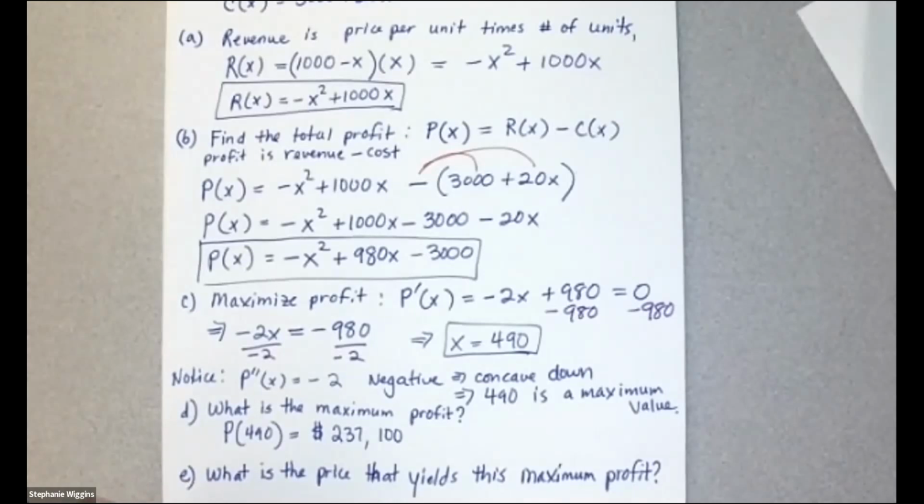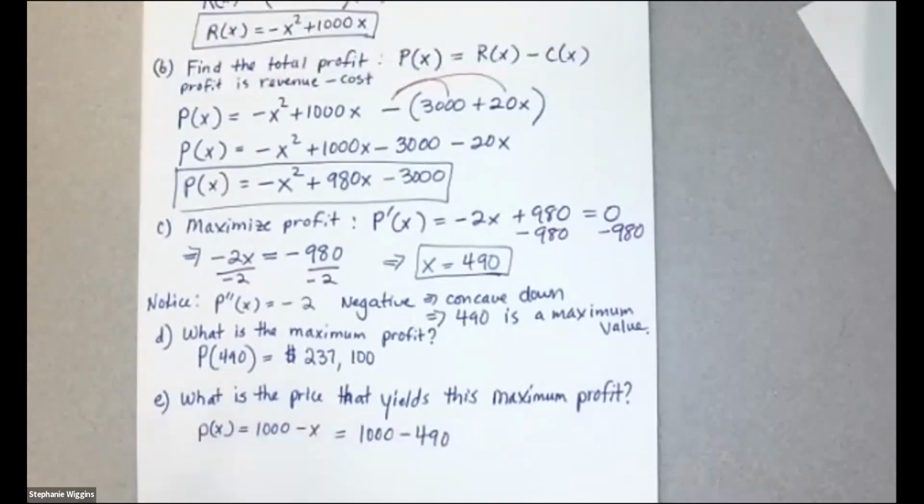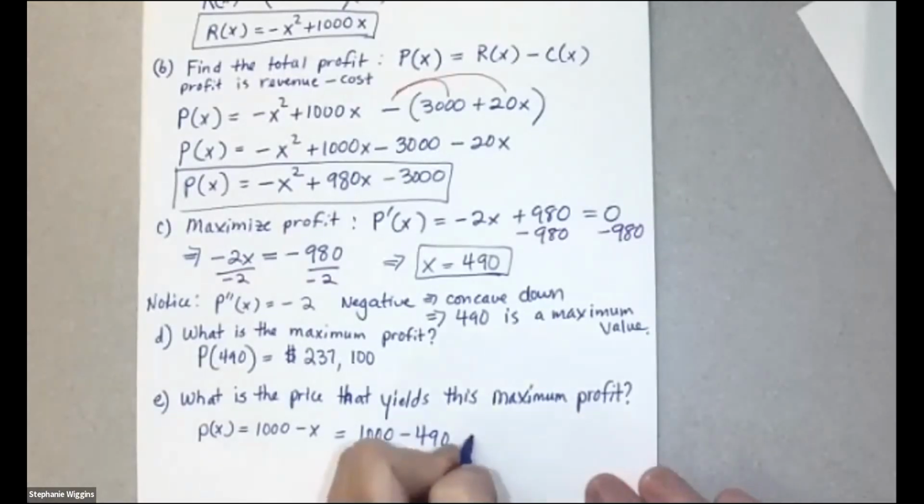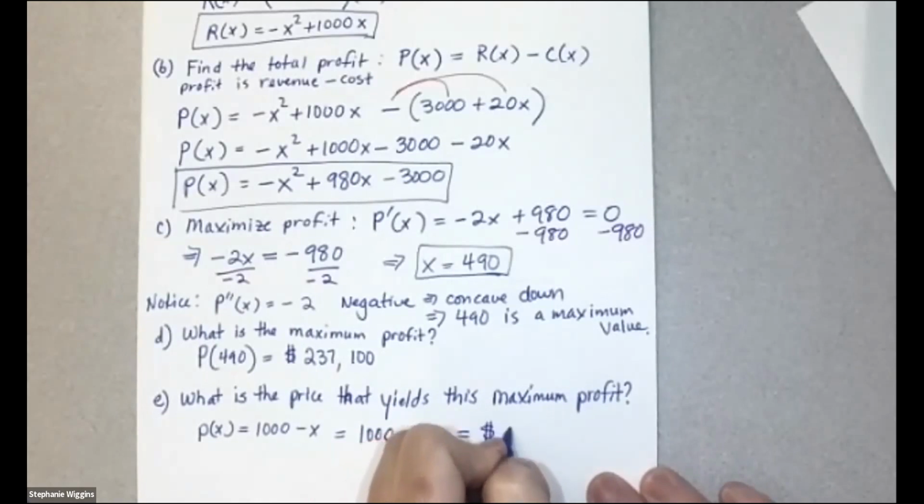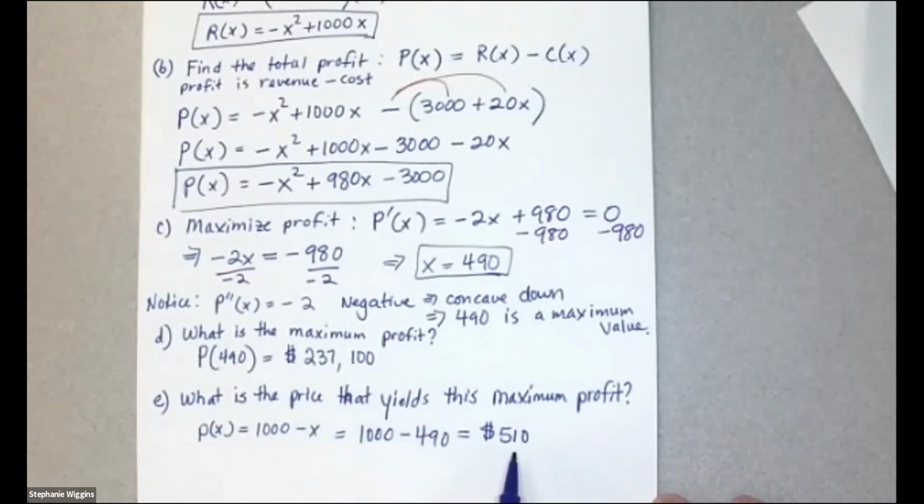So remember, little p is the price. 1,000 minus X. So we're going to take 1,000 minus the 490. Whoops, sorry. When we take 1,000 and subtract 490, we get $510. So this is the price that we need to set in order to get this profit, which is our maximum.